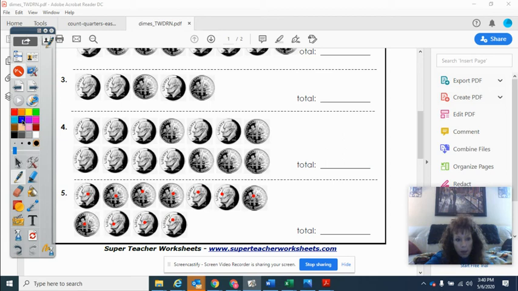So I'm going to change my pen color. 10, 20, 30, 40, 50, 60, 70, 80, 90, $1, $1.10.